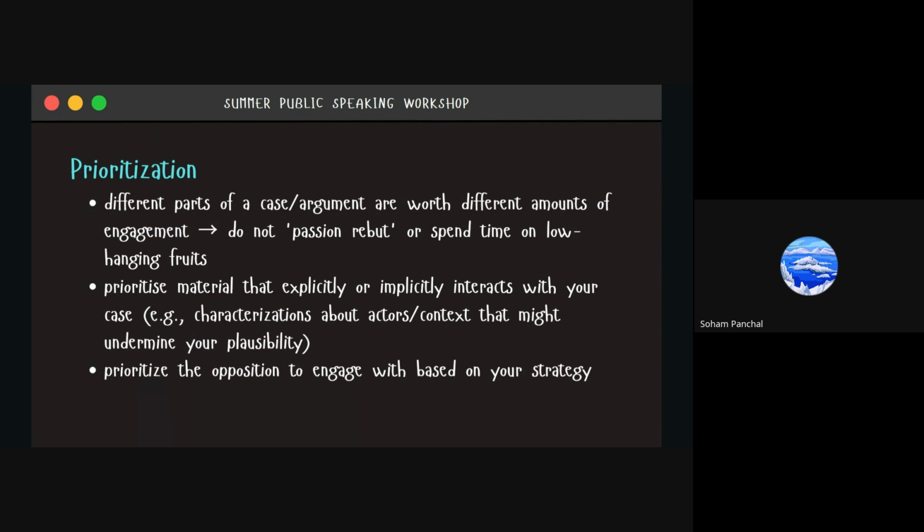So if you have a strategy that yes, we are going to make a case where we have some problem, we make its solution, and we are going to engage in this manner, and we are not going to touch the other aspect of this case, then do not engage or rebut those parts of the opposition speech, because it will become hard for your later speakers, or it could make your own case look weak to the judges.